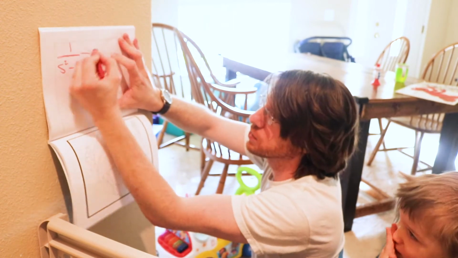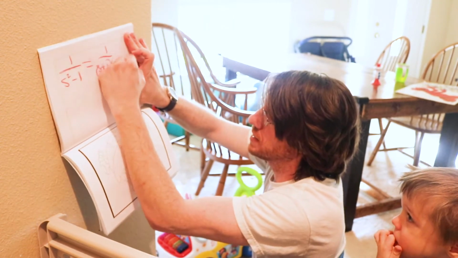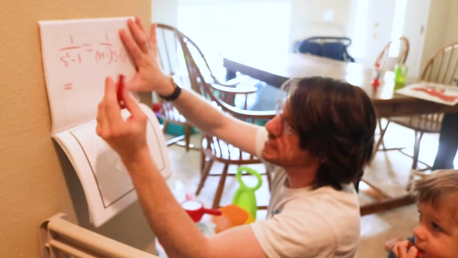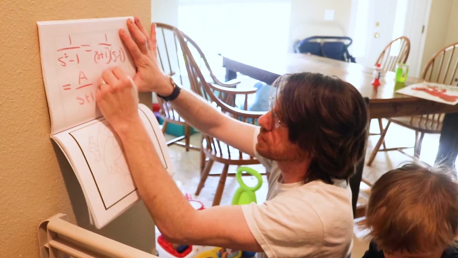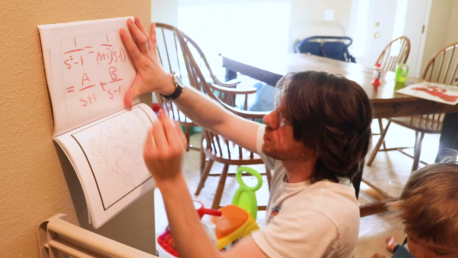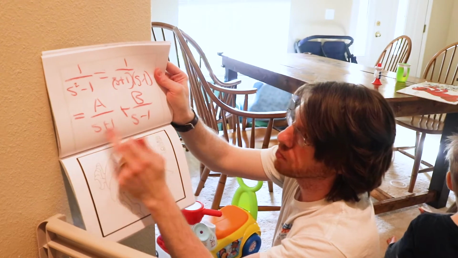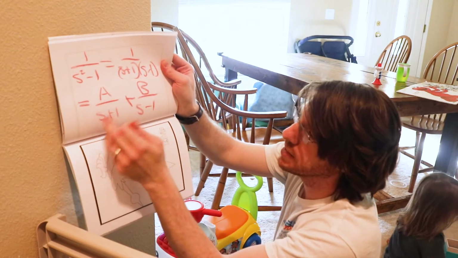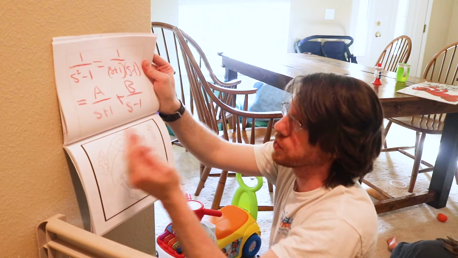But then we know that is equal to 1 over s plus 1 times s minus 1. And so then the idea is you want to expand this in some way. This is a really easy case, but we turn this into a over s plus 1 plus b over s minus 1. And then when you do that, you now have an equation where you can solve for a and b. You multiply both sides by, say, s squared minus 1, and then you have a polynomial on both sides. You can compare coefficients, or other methods you can use.